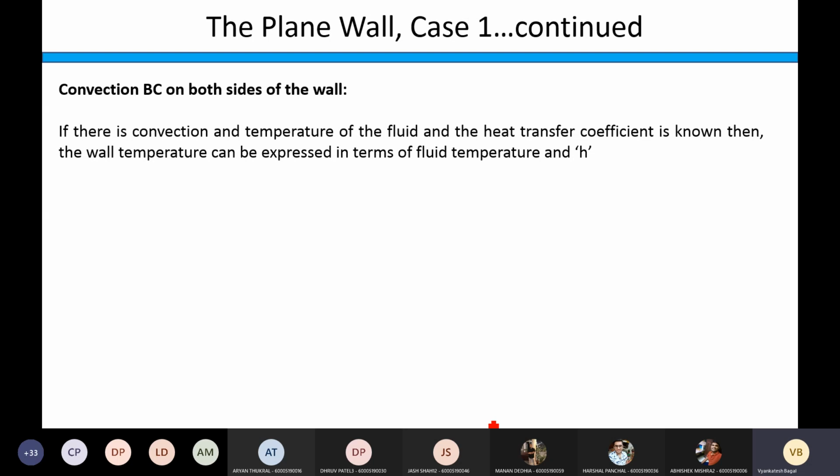If the temperature of the fluid and the heat transfer coefficient are known on both sides, the wall temperature can be expressed in terms of the fluid temperature, T infinity or Tf, and the heat transfer coefficient h.